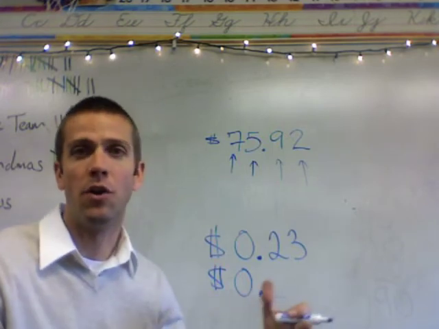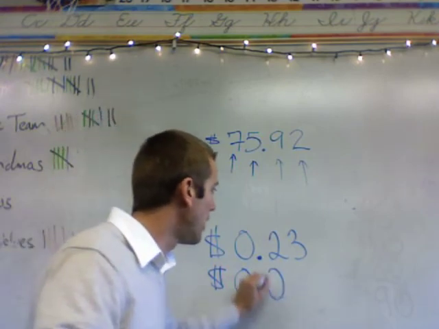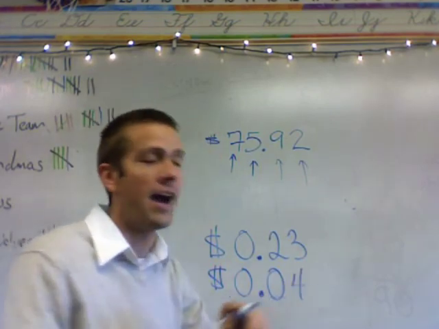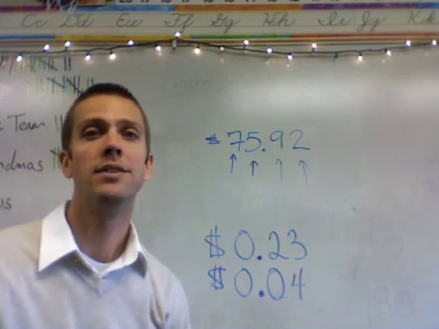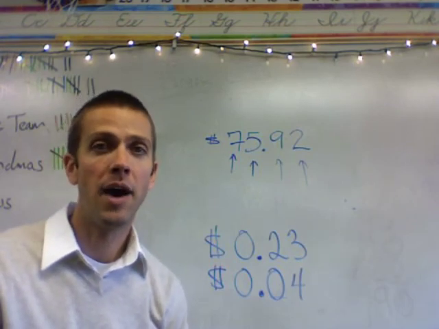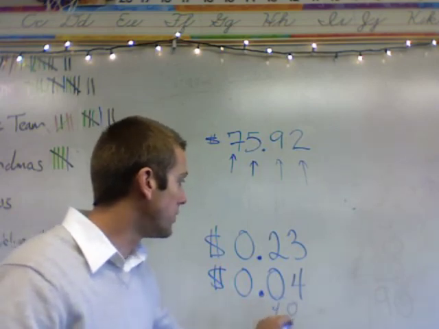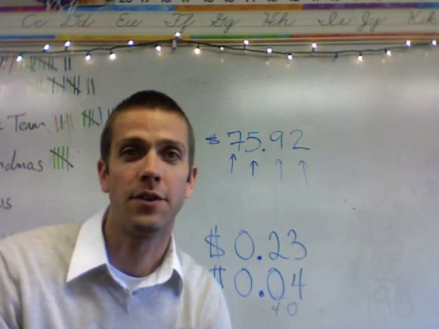That's the dimes column. How many tens do we have? We have none. So make sure you place a 0 there. But we do have 4 pennies. So this would represent 4 cents. Keep in mind, if you had put the 4 here, you would have just created 40 cents. That is not the correct answer.